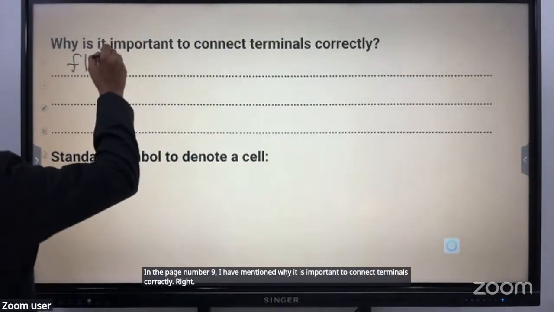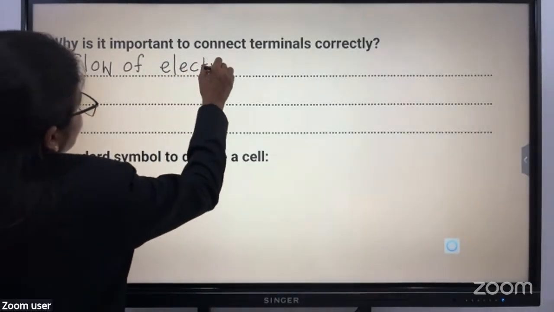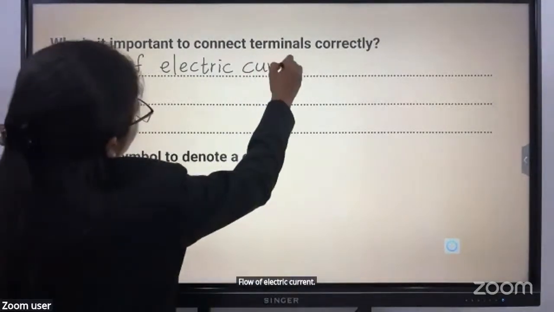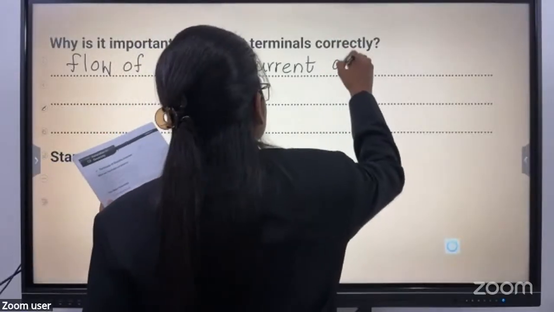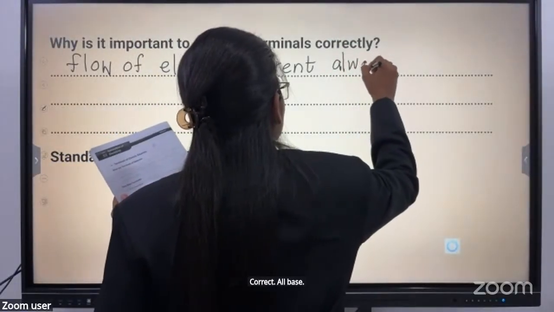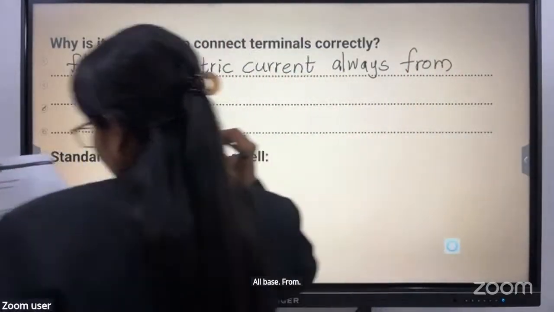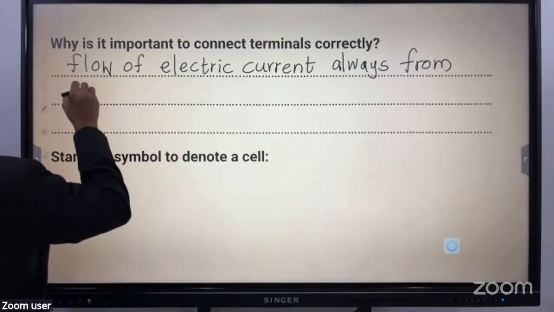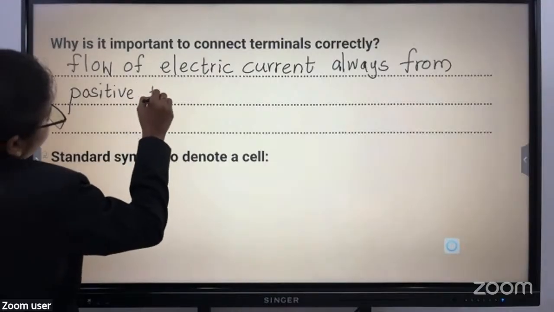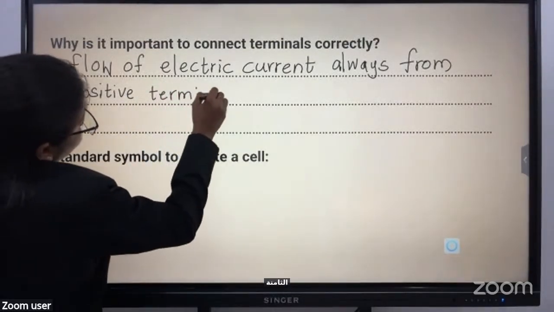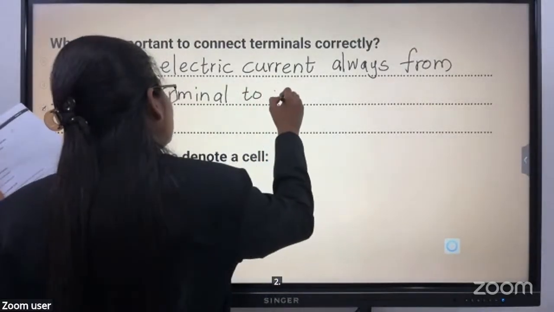Flow of electric current: current always flows from the positive terminal to the negative terminal.